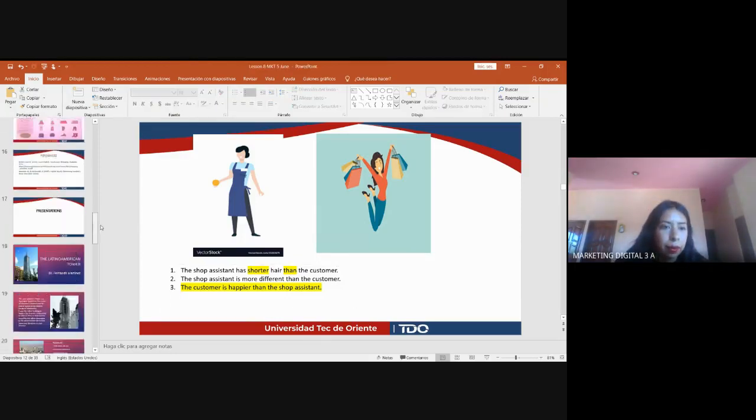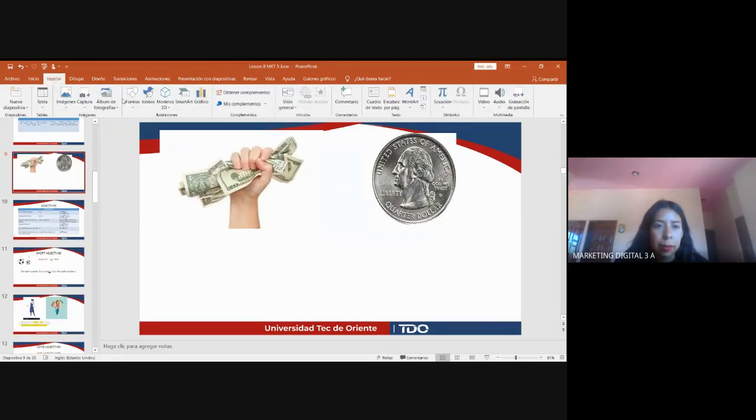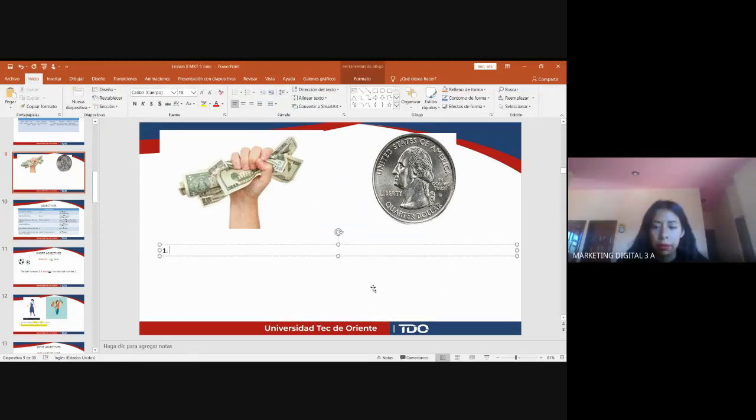Okay. So Emma, comparison between these two objects. Yes, you are making a comparison with, yes, the shop assistant is taller than the customer.